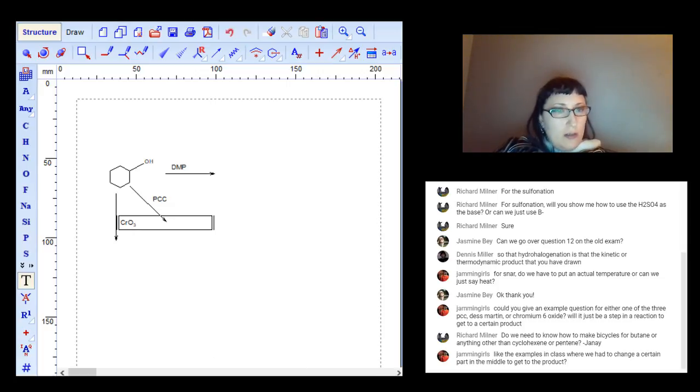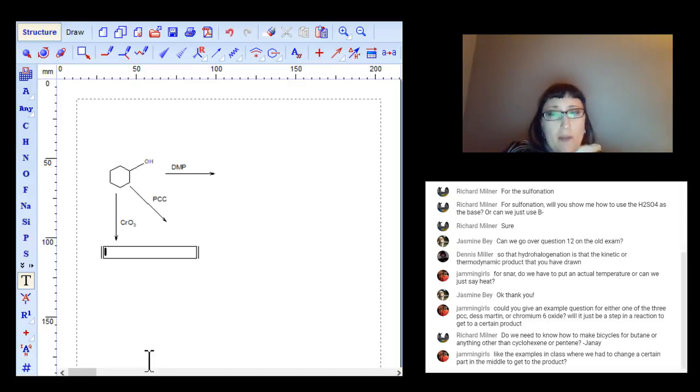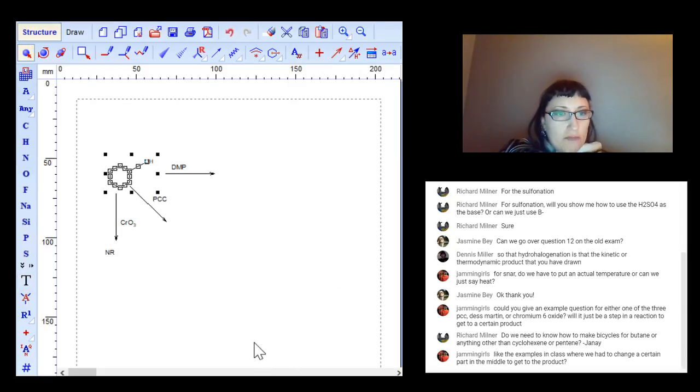CrO3. Okay. So if anybody's looking at this one and saying, I thought chromium 6 oxide only works with a primary alcohol, you're correct, and we would expect no reaction for that. The second one, which I wouldn't give you on an exam, is a no reaction. I don't think I've ever given one of those on an exam.